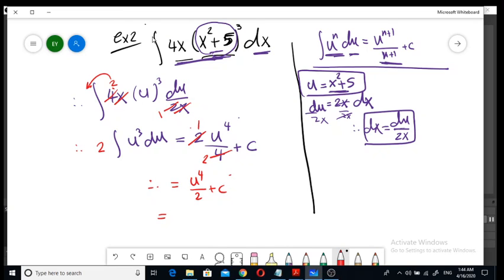And don't forget we replace u in the last step by x squared plus 5. So it will be x squared plus 5 all to the power 4 over 2 plus c, and this is the final answer.